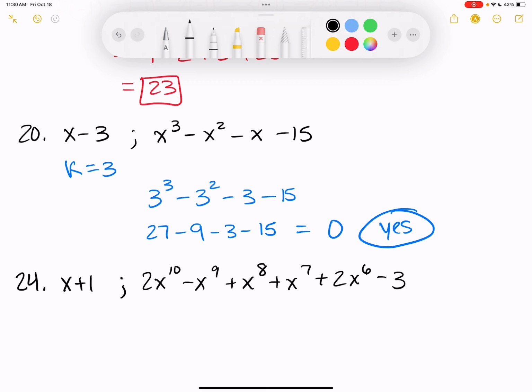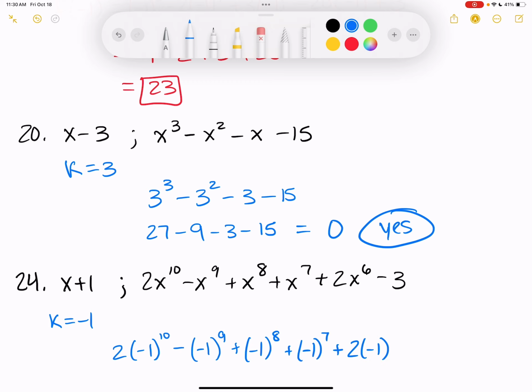So what is k going to be for this one? Yep. So opposite sign. So k is -1. So I have 2 times -1 to the 10th minus -1 to the 9th plus -1 to the 8th plus -1 to the 7th plus 2 times -1 to the 6th.